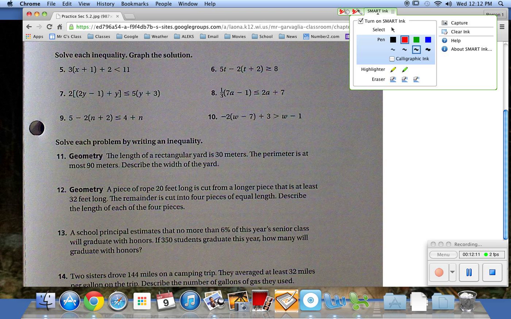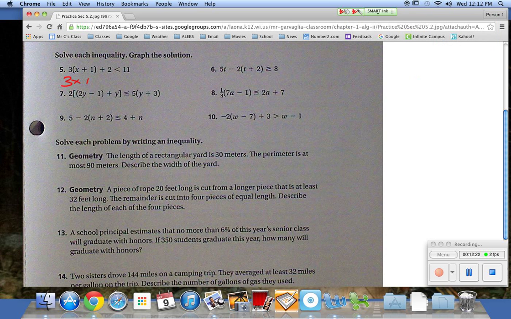All right. First thing I'm going to do is I'm going to solve this. So I'm going to look at this and I'm going to say 3x plus 1. I'm going to carry my 3 through. Pay attention, guys. 3x plus 3, because I carried my 3 through, plus 2 is less than 11. I'm going to add my 3 and 2 together, and I'm going to bring it to the other side. 3 plus 2 is 5, right?